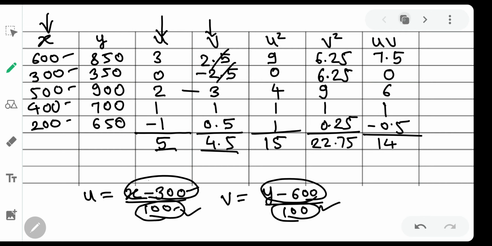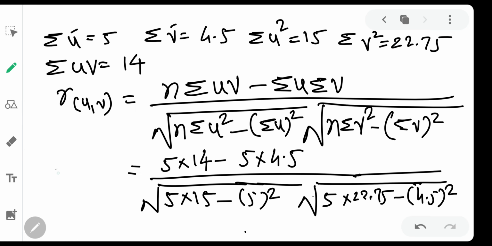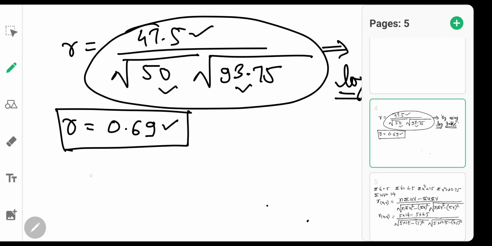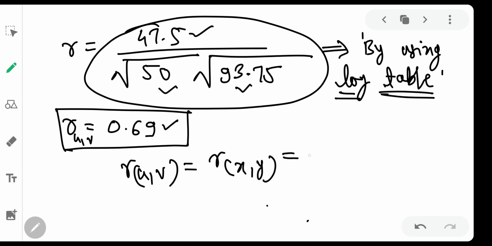In this way we have solved such a difficult sum with minimum amount of time. So r of uv was 0.69, but change of scale does not affect the value of r, hence r of xy is also 0.69.